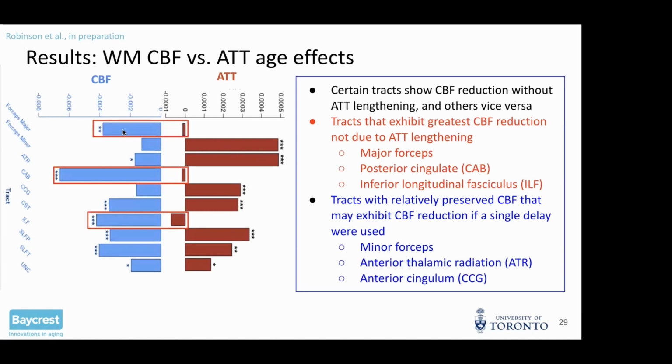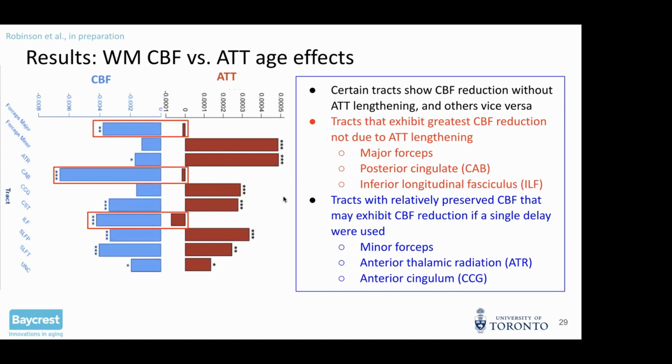The red tracts that show more blood flow decline without delay perhaps are the ones that truly are suffering from hyperperfusion. These include the major forceps, posterior cingulate, which is the CAB, and the inferior longitudinal fasciculus. And if you recall, these are similar to structures that I showed before, also demonstrating microstructural decline. But I will come back to that as well.